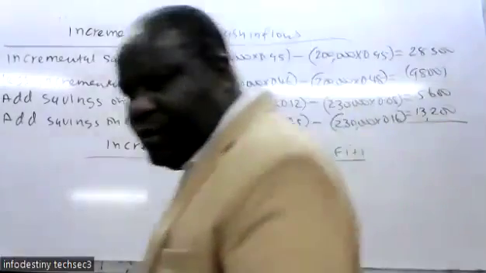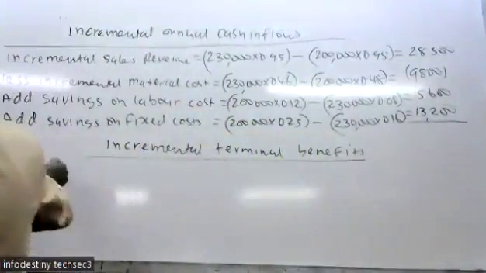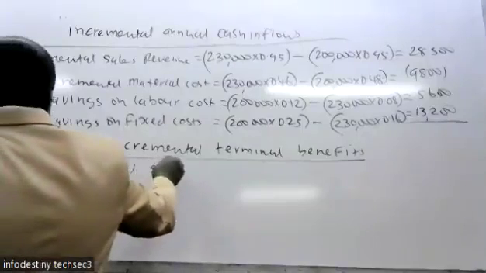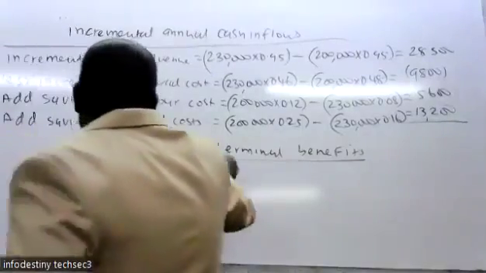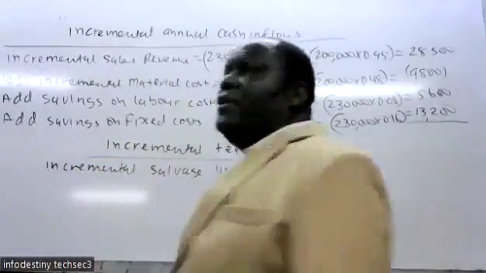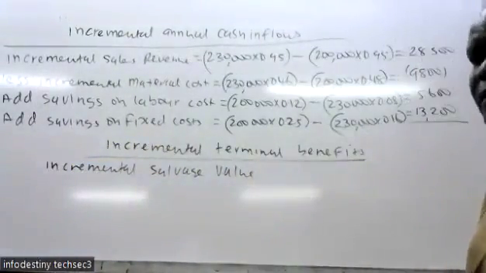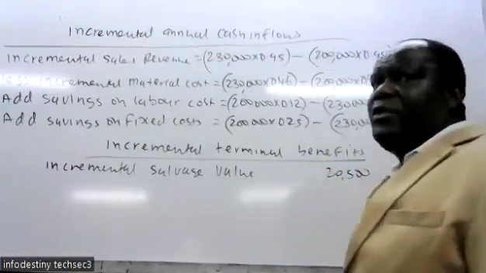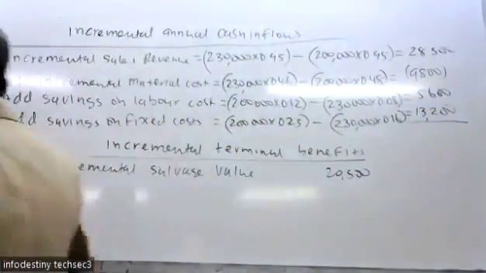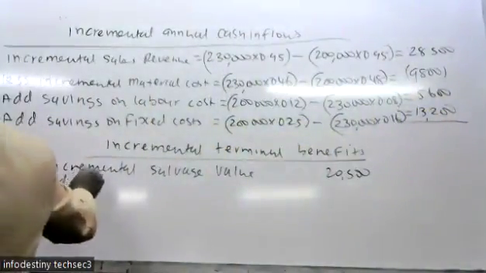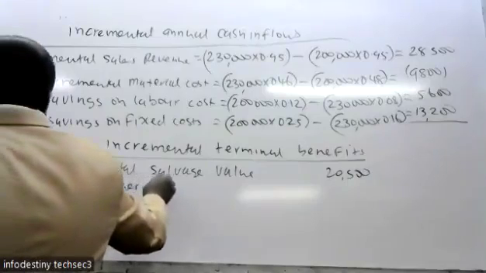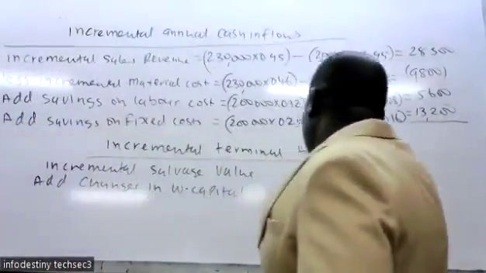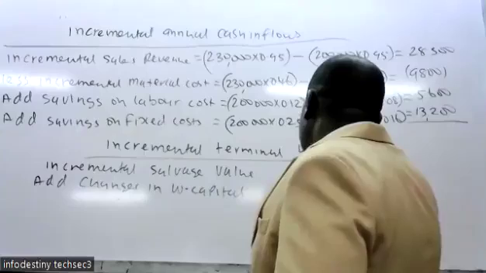But now for this one, we just take the incremental salvage value. We know it was 2,500. There was no change in the working capital. We are supposed to add the changes in the working capital, so there is no value for us. We just have 13.